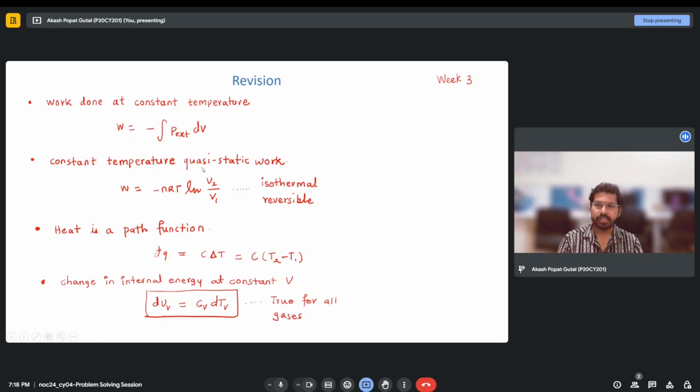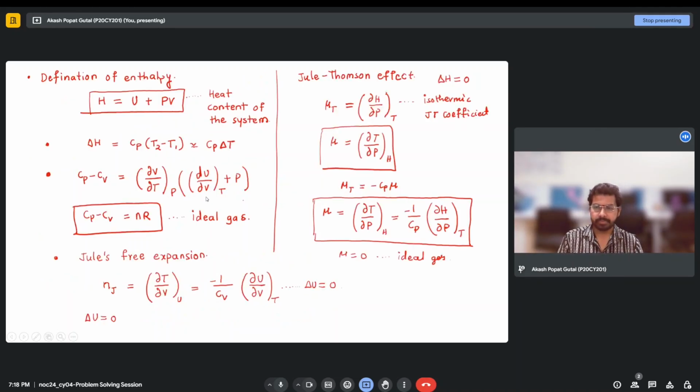Then we have seen the constant temperature quasi-static work, which we know is the isothermal reversible work: minus nRT ln V2 by V1. If you use log here, we can write 2.303 nRT log V2 by V1 to the base 10.